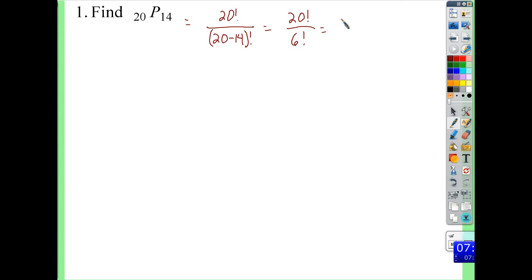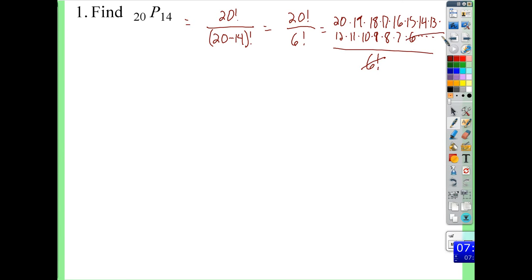Means this would just be 20 times 19 times 18, 17 times 16 times 15 times 14, 13 times 12 times 11 times 10 times 9 times 8 times 7 times 6 all the way down to 3, 2, 1, divided by 6 factorial. This and this are identical factors, 6 factorial. So we have to just multiply all those numbers together.